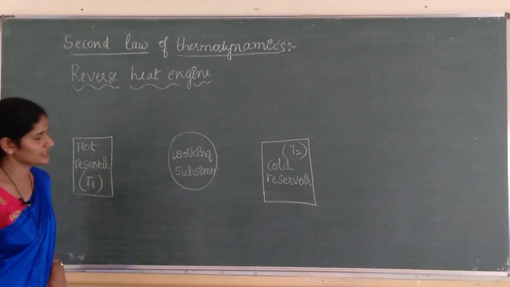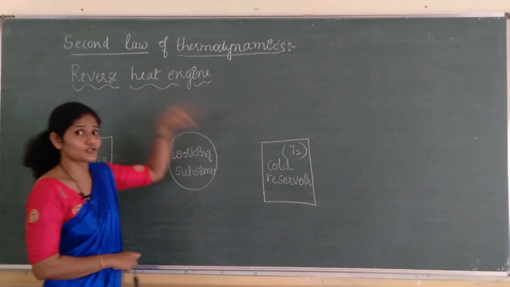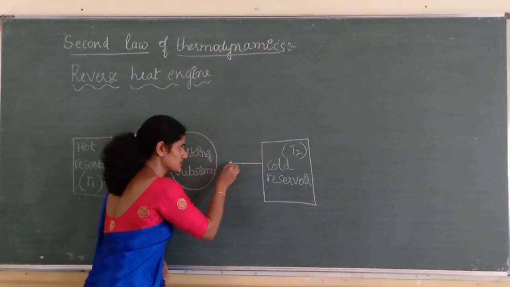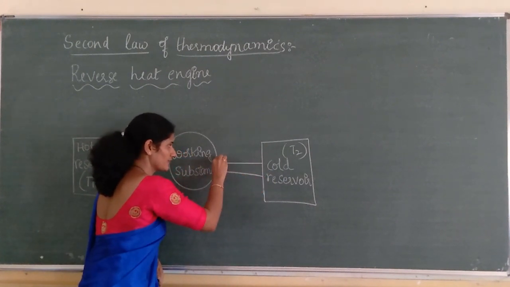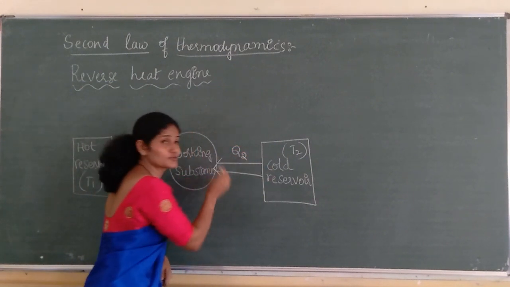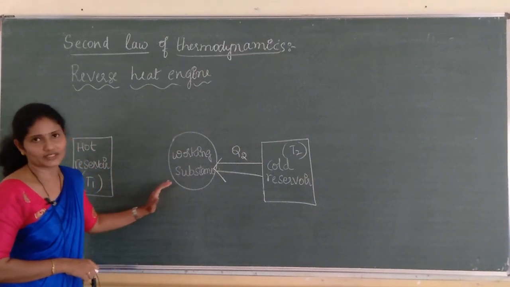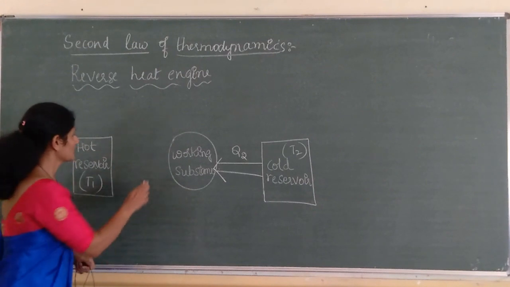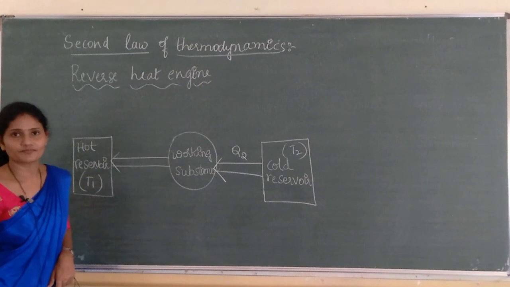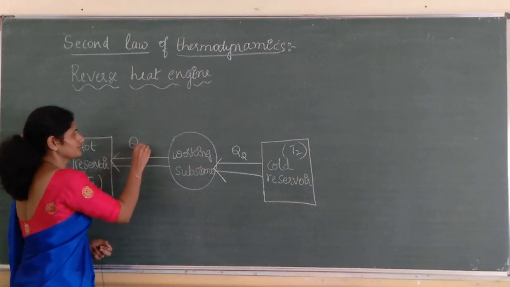T1 is greater than T2. In the reverse of a heat engine, the working substance absorbs heat from the colder object. Q2 is the amount of heat energy absorbed by the working substance. Q1 is the amount of heat energy rejected to the hot reservoir.